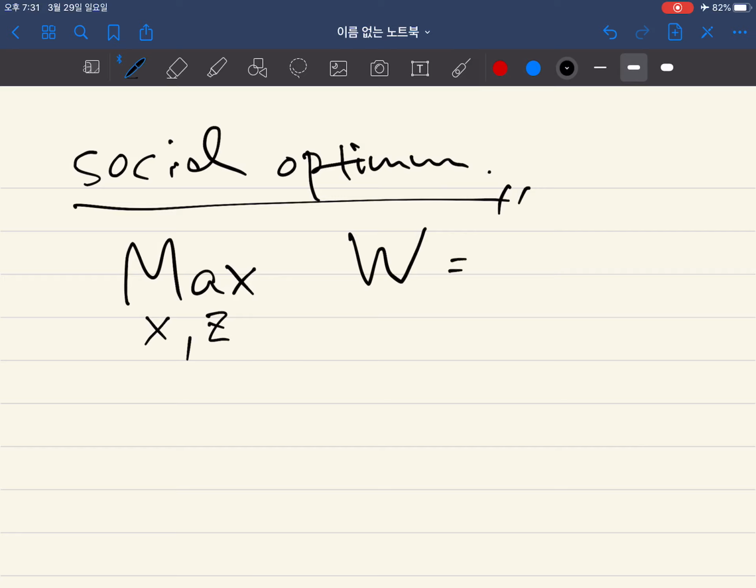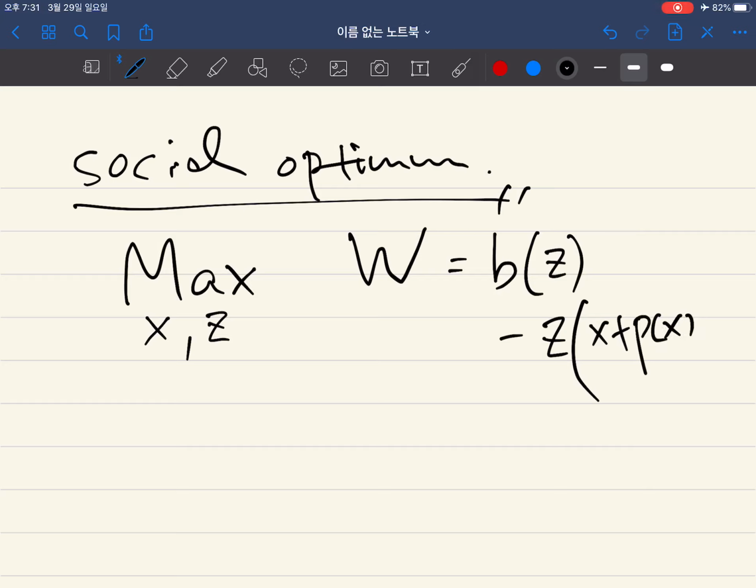So you follow the same process as before, write down the injurer's utility and victim's utility and add them up. In the end, we get this social welfare.